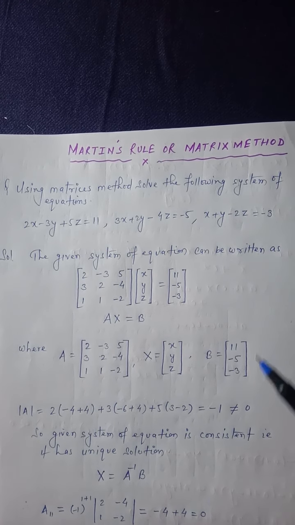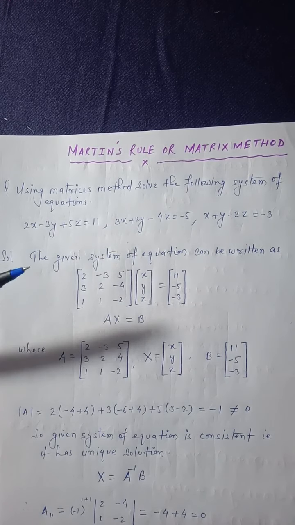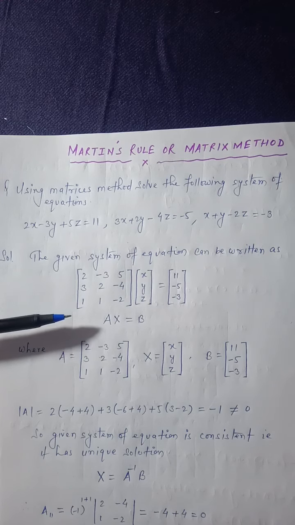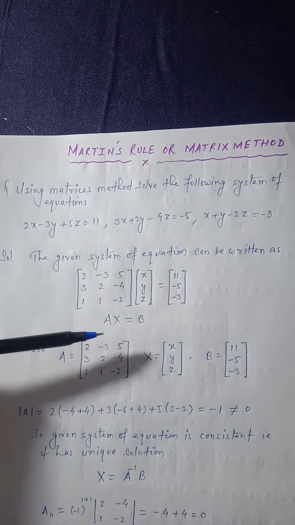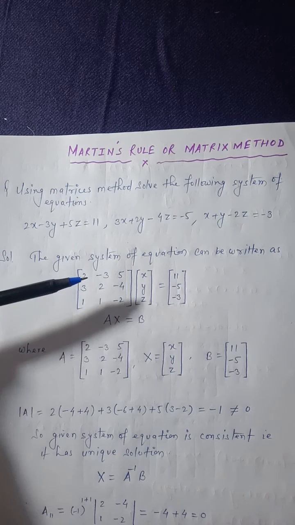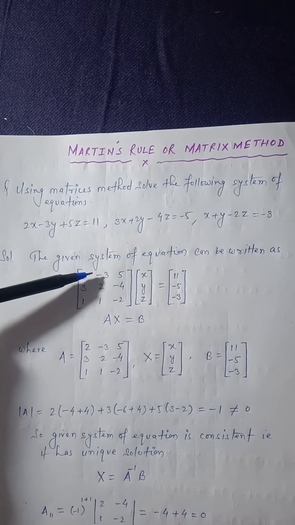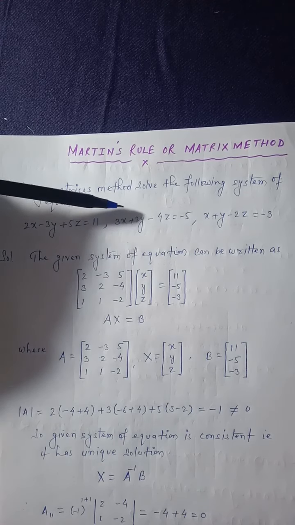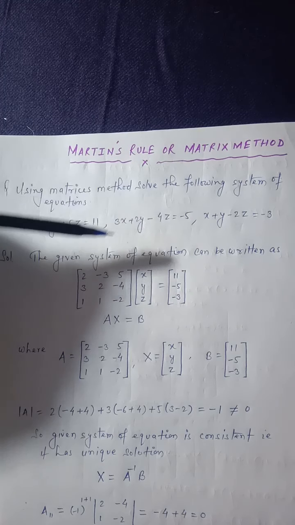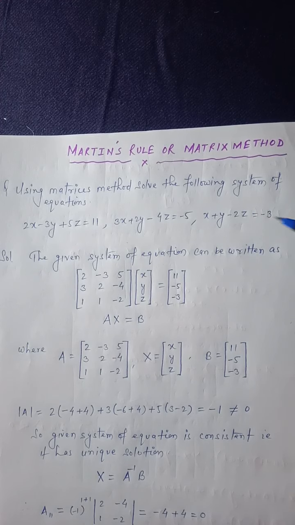So the first step is to write the given equations in the form of a matrix equation, that is AX is equal to B form. So first of all, write the coefficient matrix. I hope you already know this. So this is 2, minus 3, 5. Second equation is 3, 2 and minus 4, and this third one is 1, 1 and minus 2.